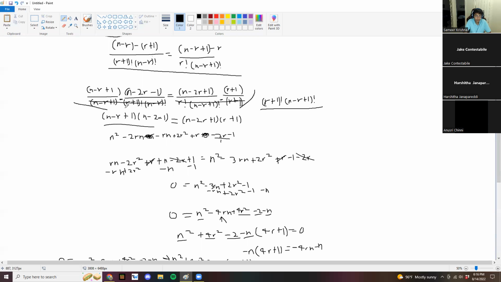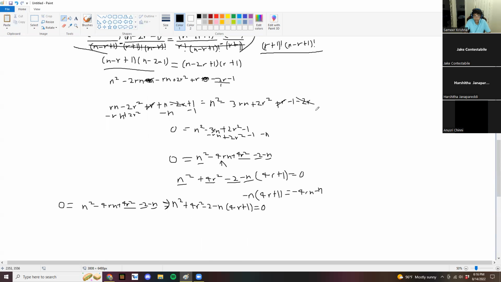So what we do is we expand these two. Once you expand, you get this over here, which was originally this, and this would be the expanded version of this over here.